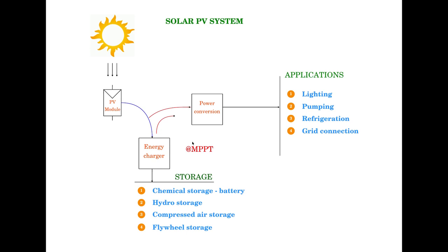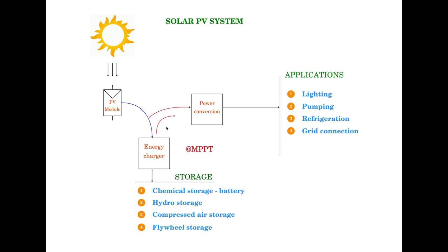What it basically means is that the PV module has a power versus V characteristic which has a peak at one operating point only, and it is recommended that the PV module operates at that peak power operating point so that you can get the maximum out of the PV cells.